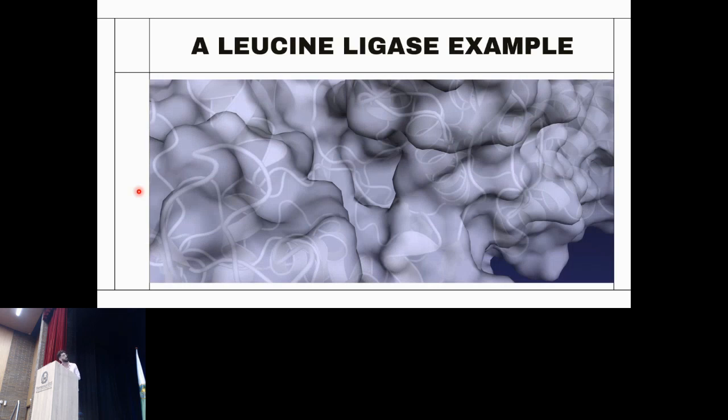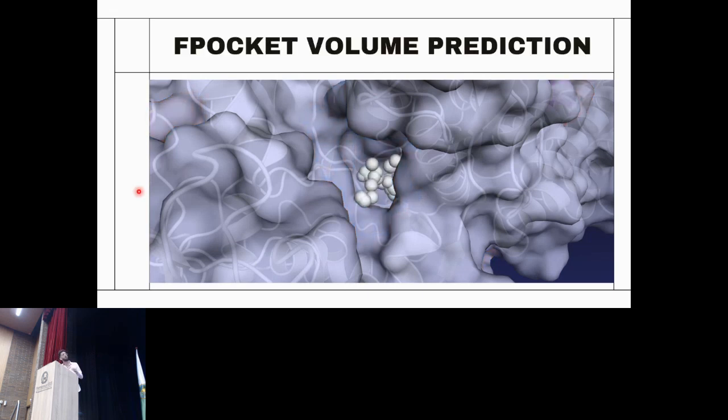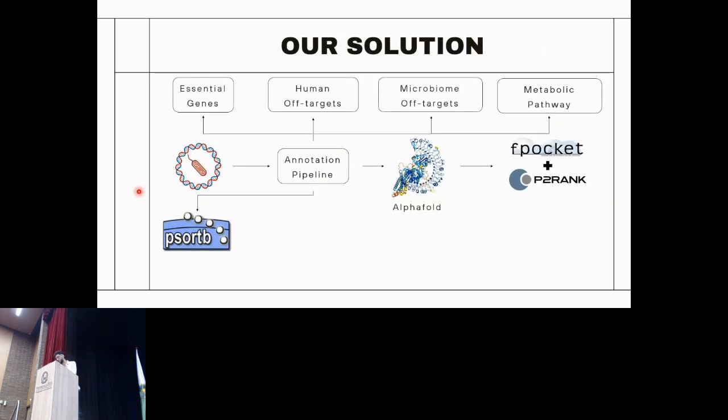For example, here we are seeing a portion of a leucine ligase from Neisseria gonorrhoeae. We can see that P2Rank is able to predict the surface of a pocket that's able to bind to some drug, and FPocket is able to calculate the volume of that pocket. So from here, we got the pocket prediction information.